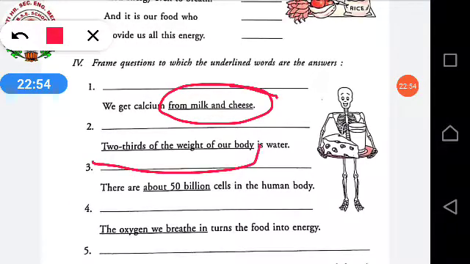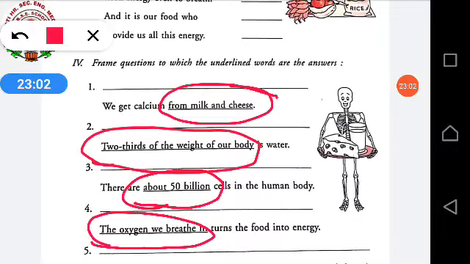Second one, 2/3 of the weight of our body. Third, about 50 billion. Fourth, the oxygen we breathe. Only for these circled words you have to frame questions. The rest part you will not take. It should not come in the question.